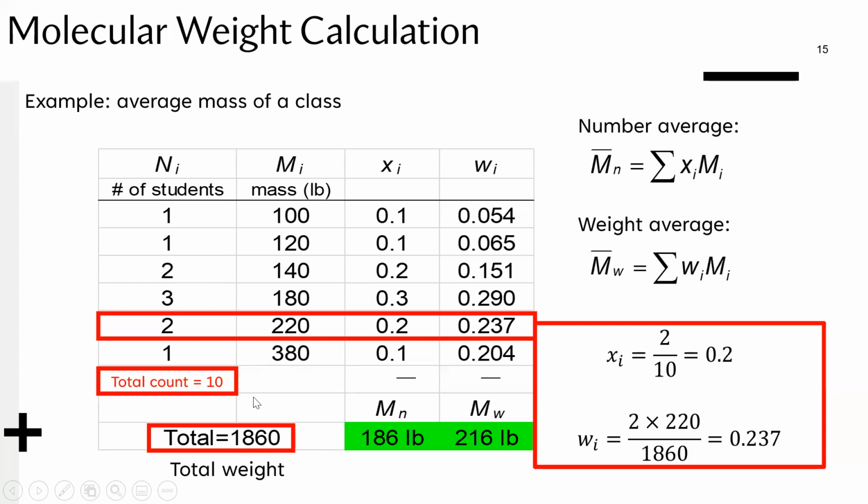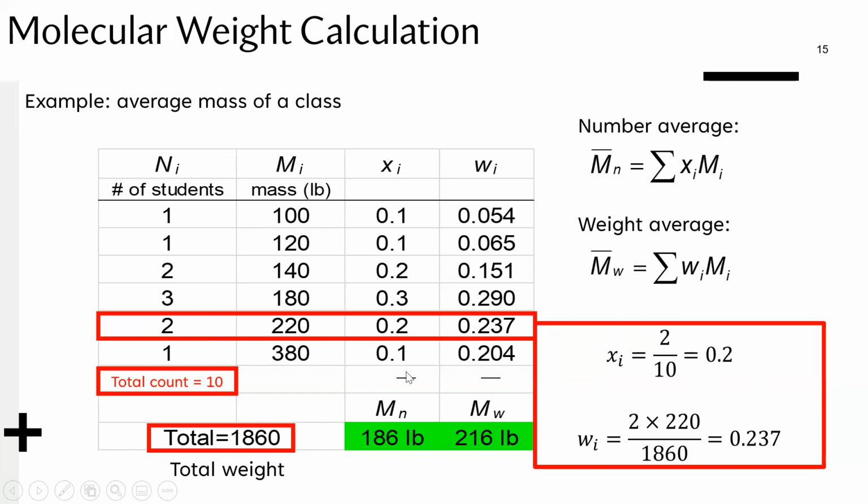And then I divide that 440, which is the overall weight of this class of students, which is like 220 pounds, by the total weight, and that gives me the 0.237, which is the weight fraction belonging to this class or category of weight.